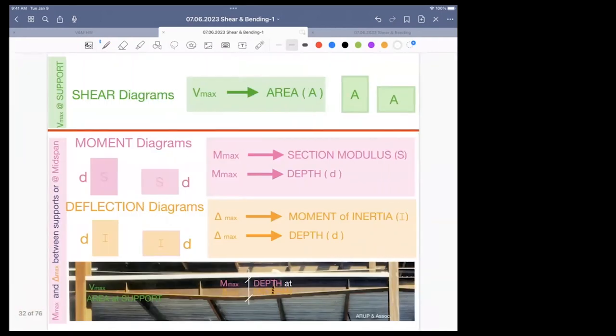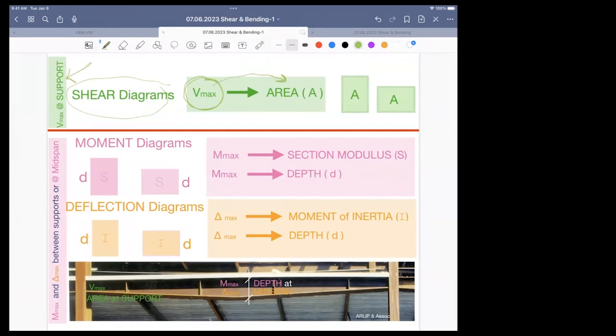Okay, so I would like to start with the conclusions before we hit the math and the diagrams and how to draw them, and we'll get lost in all the minutiae. I would like to spend a minute on why we're doing this. Shear diagram, maximum shear always happens at the support. And to design a beam, you need the maximum shear.